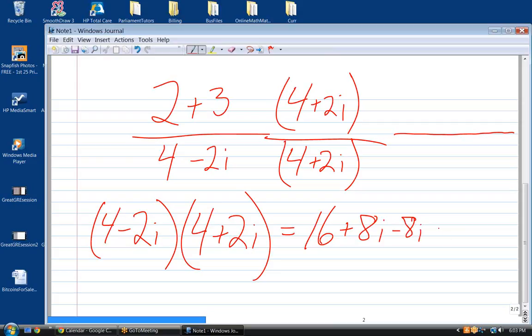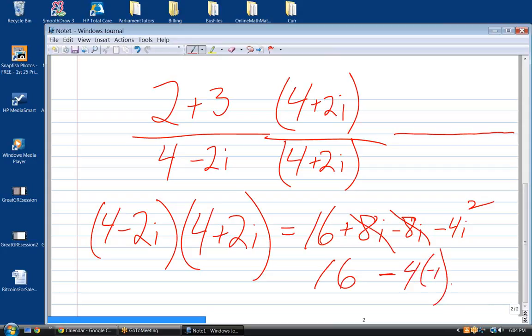Minus 8i, and the negative 2i and the negative 2i just equals 0? No, we're multiplying. Minus 2i times a plus 2i does not equal 0. So negative 4i squared. And i squared is what? Negative 1. So we have 16 minus 4 times a negative 1.